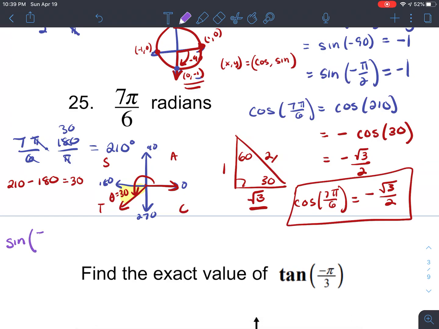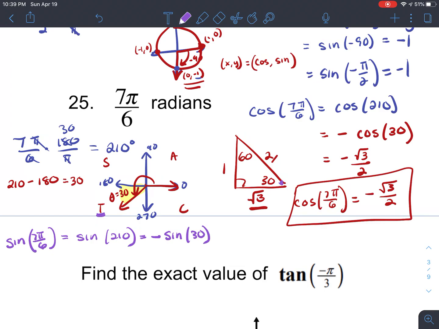So sine of 7 pi over 6 is equal to the sine of 210. We've already found the reference angle of 30, but in this quadrant, sine is also negative because tangent's the only thing positive. So sine of 210 is equal to negative sine of 30.